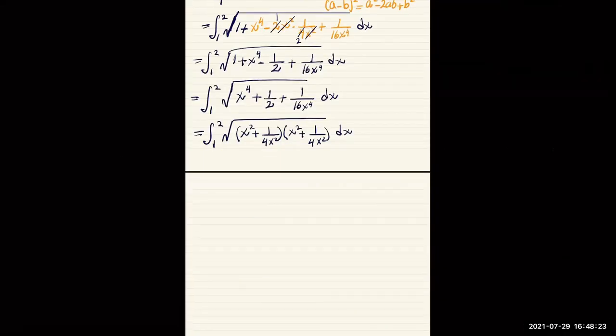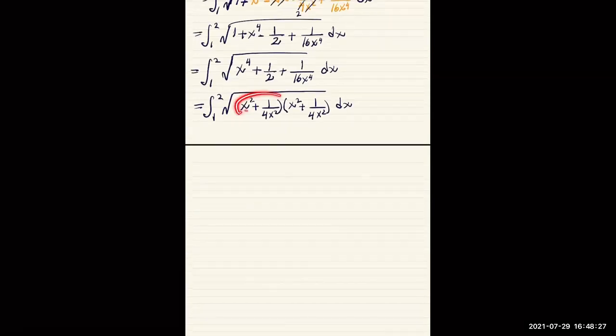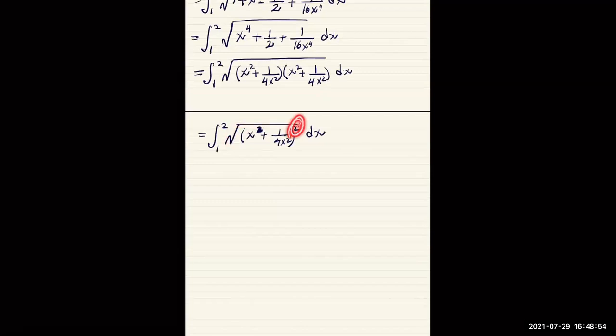But again, don't think too much with these. Just do it. Anything times itself, x squared plus 1 over 4x squared times itself, is that thing squared. So what I really have here is the square root of x squared plus 1 over 4x squared, quantity squared. Good news, we have the square root of a square.